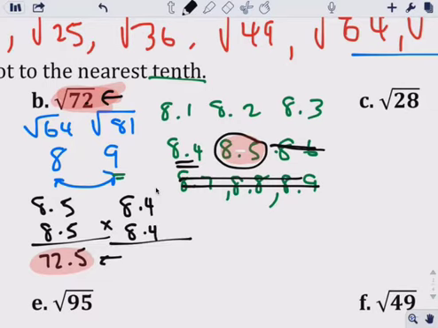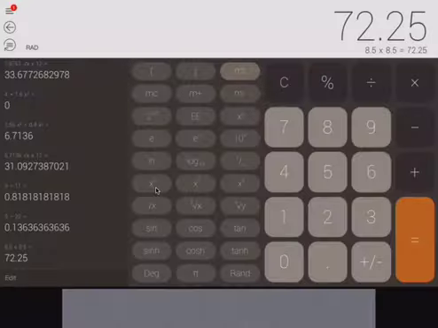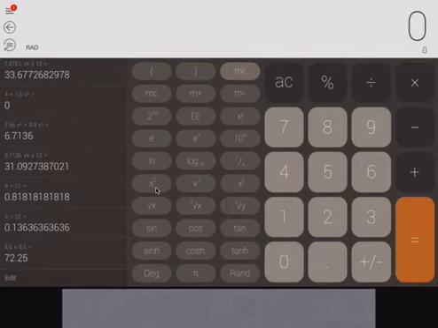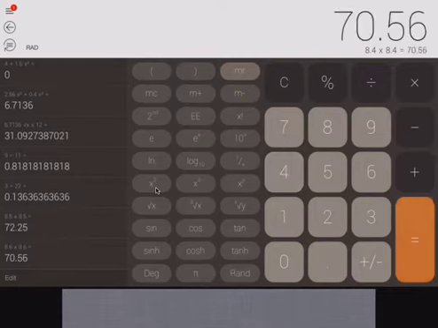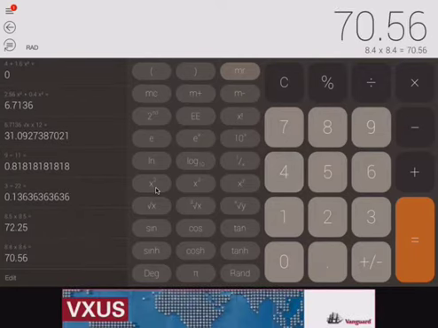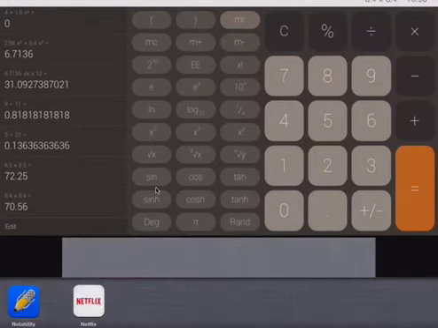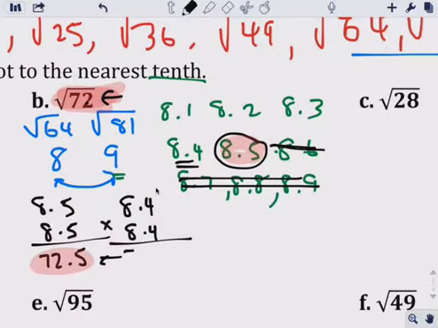So on your calculator, put 8.4 times 8.4, 70.56. Okay, now it's obvious 72.25 is closer to 72. 70.56 is 2 away, that's only 0.25 away.